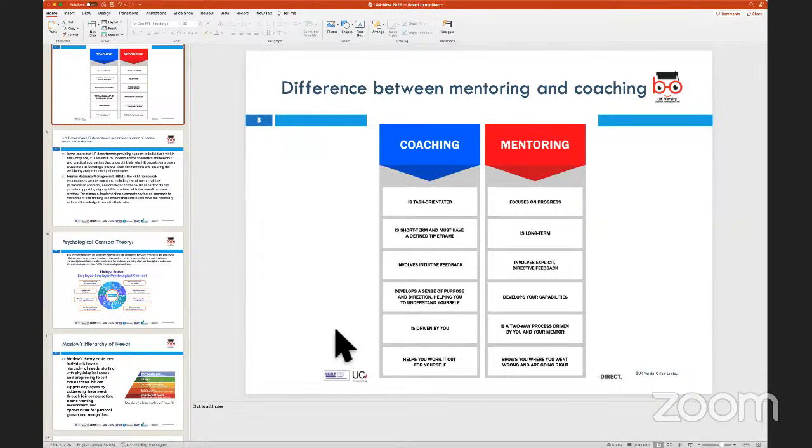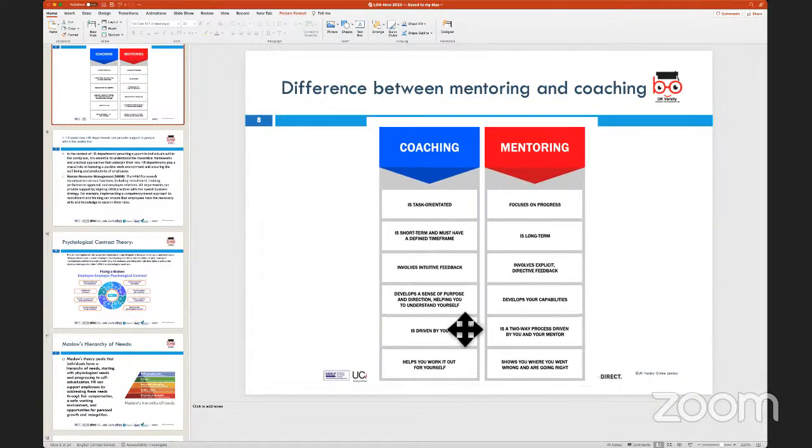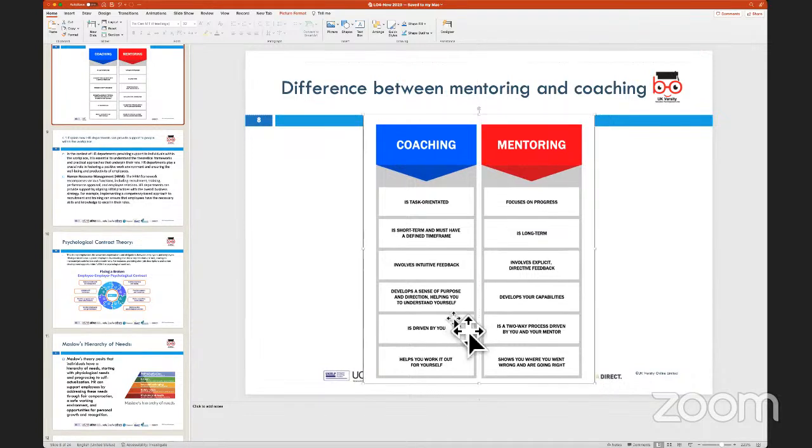And when you look at coaching and mentoring, depending on the size and scale of the organization, the position and title that you work with, or the job description that you have, you would be put into this process by your organization or by the HR.